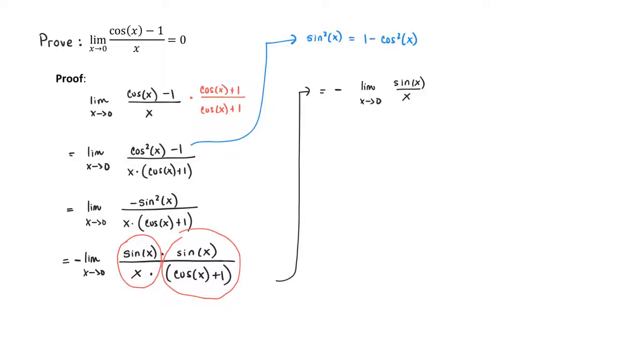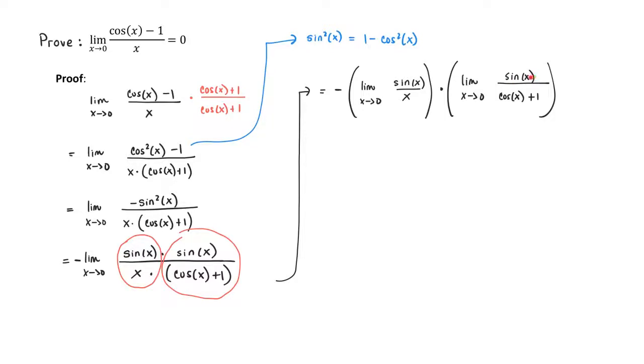So I will write this as two separate limits. This will be the limit as x approaches 0 of sine x divided by (cosine of x plus 1). Again, cosine of x plus 1 is not going to be 0, it's going to be 2.